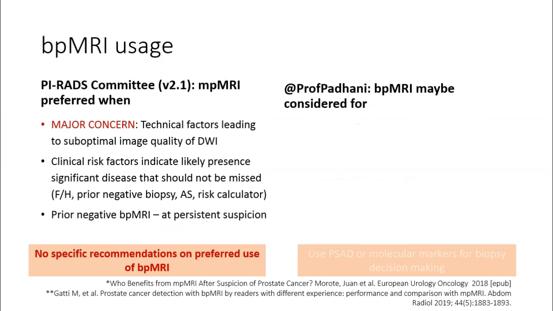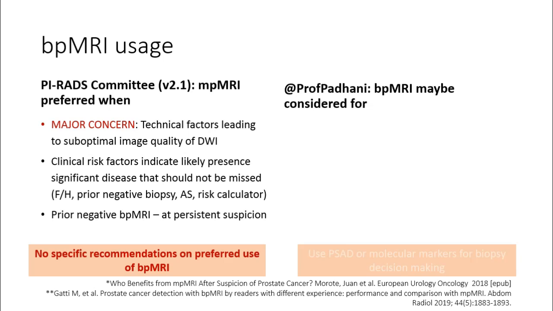Because of these concerns, the PIRADS Steering Committee does not make any specific recommendations on the preferred use of biparametric MRI. And that's because they are concerned about the technical factors leading to suboptimal image quality for diffusion weighted imaging.